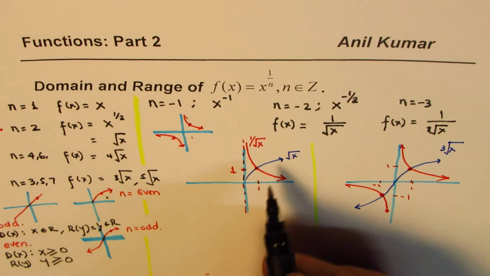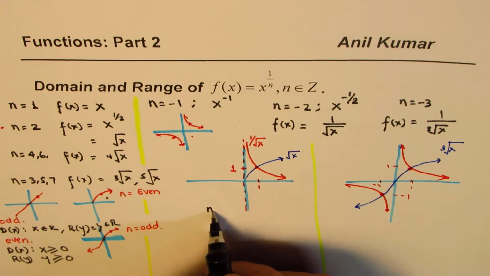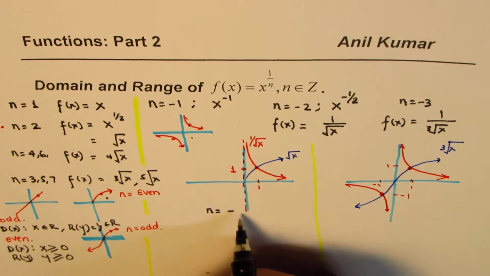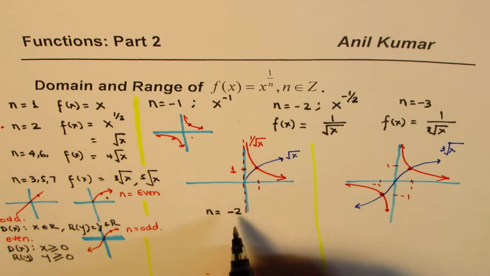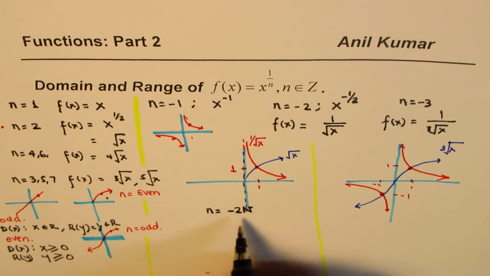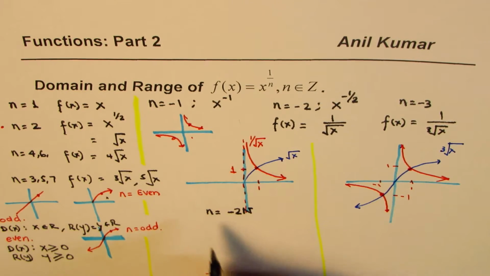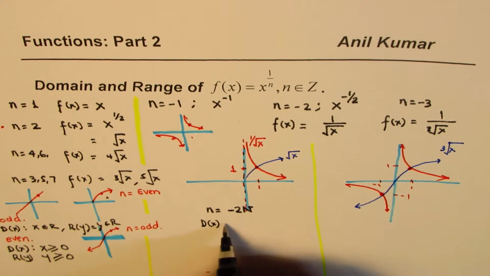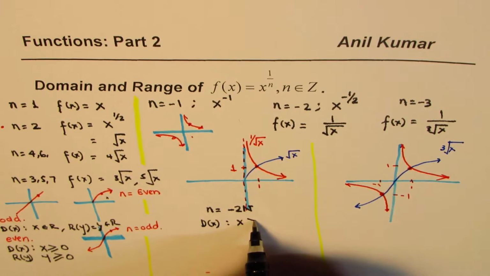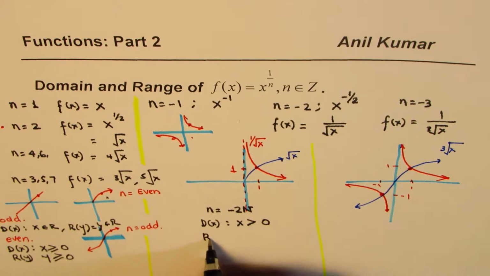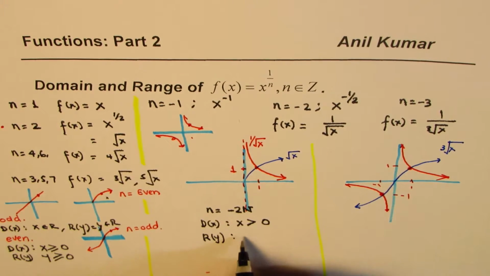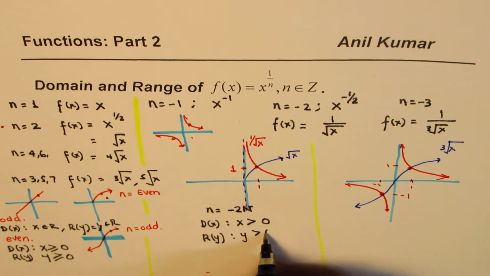So I can say safely that if n is equal to negative 2 times some number, in that case, the domain of the function is going to be x greater than 0. It cannot be 0, right? And the range will be y also greater than 0.